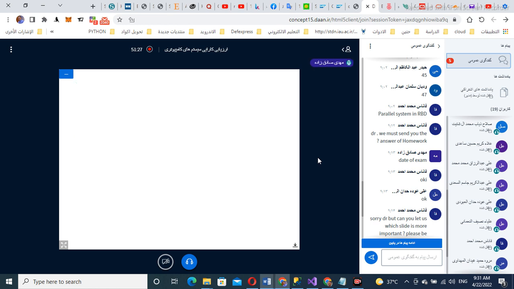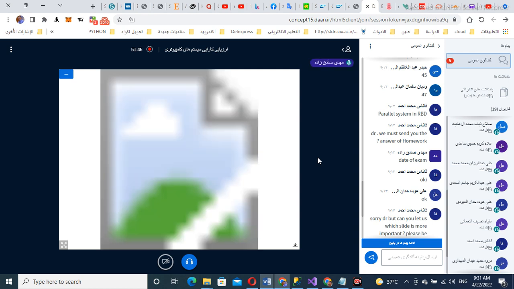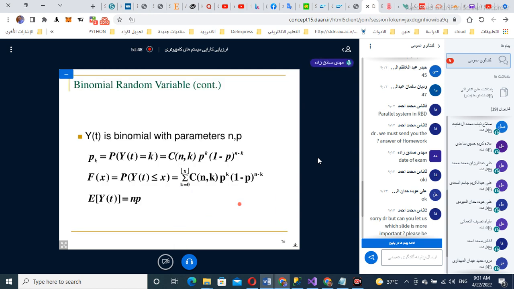Here you can see the binomial random variable PMF. For example, the maximum probability is at 8, with n equal 10 and p equals 0.75. You can see here, this is related to p, n, and k in this formula.